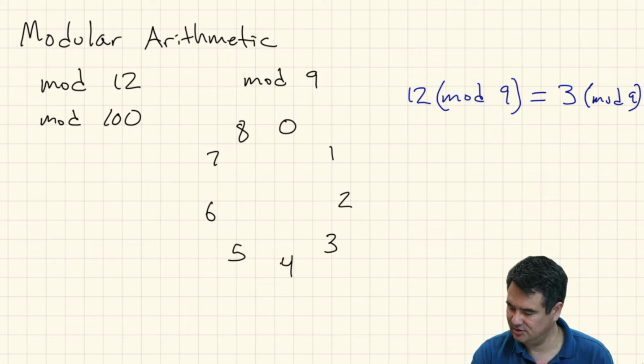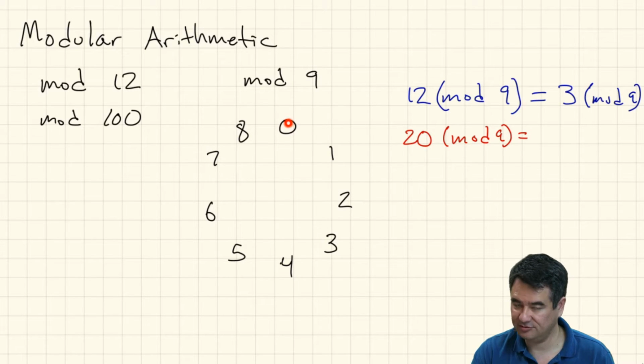And let's do another one. How about 20 mod 9. Again, we start at 0, and we go 1, 2, 3, 4, 5, 6, 7, 8, 9, 10, 11, 12, 13, 14, 15, 16, 17, 18, 19. Is that right? I think I miscounted there. Let's try that again. 0, 1, 2, 3, 4, 5, 6, 7, 8, 9, 10, 11, 12, 13, 14, 15, 16, 17, 18, 19, 20.